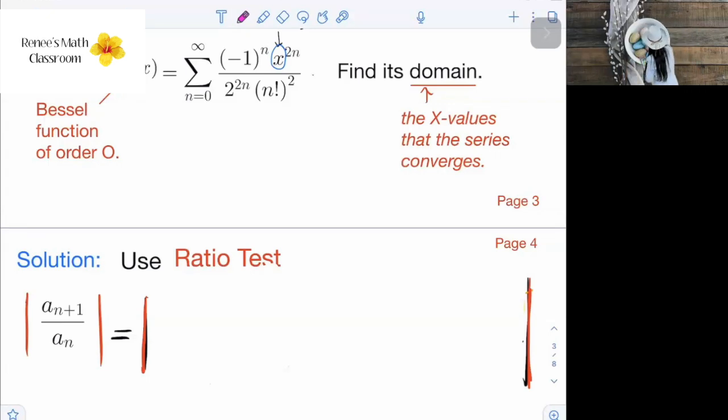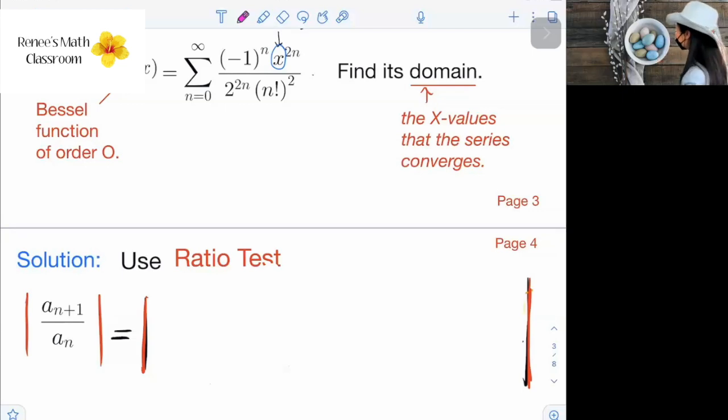Because both of them are squared, so you can take the square outside like this. But what is n factorial over n plus 1 factorial? Yeah, it's 1 over n plus 1, right? This one here has one more factor, n plus 1. Okay. So finally, this is 1 over n plus 1, and then you can put the square over here, right?